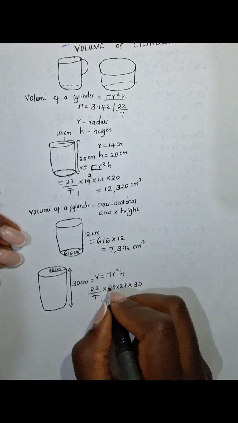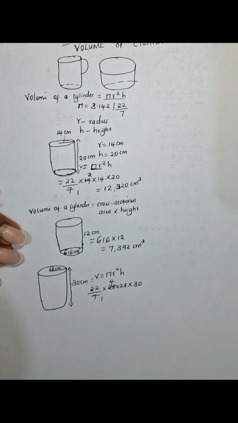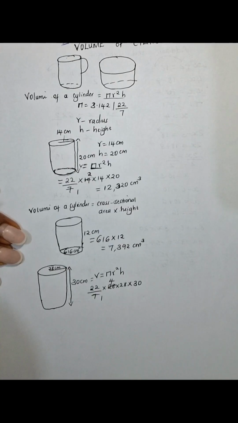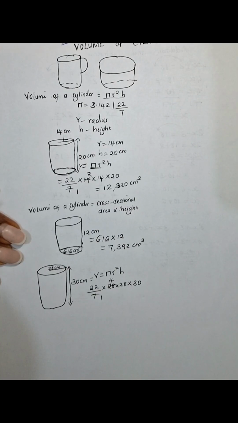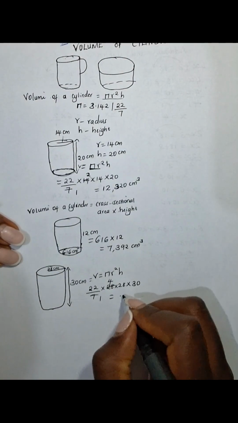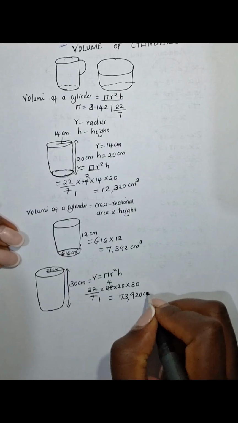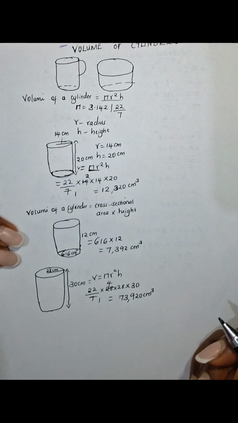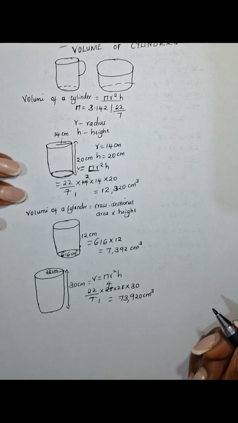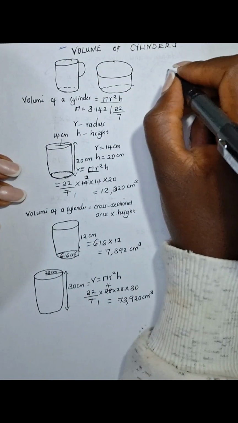Okay? By 7, 1, by 7, 4. The rest, feed it in your calculator and write 22. You multiply by 4. You multiply by 28. Then you multiply by 30. You'll get 73,920 centimeters cubic. Okay?